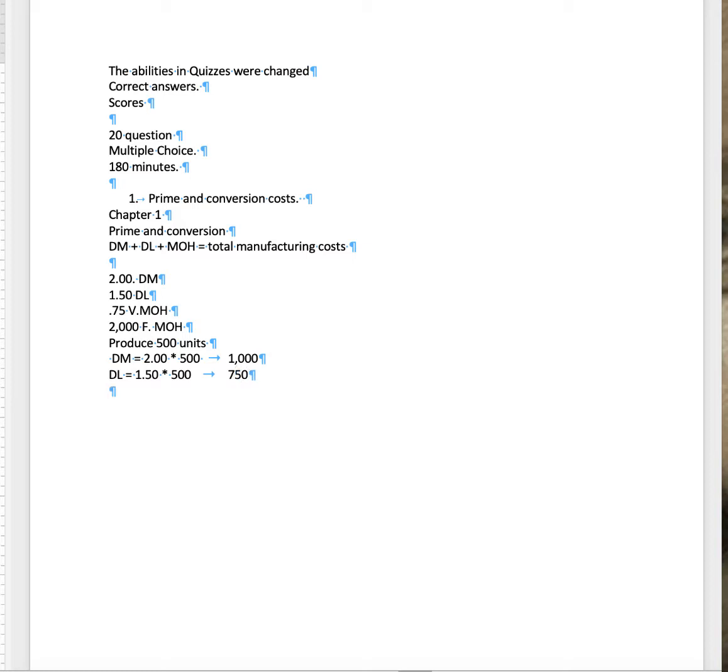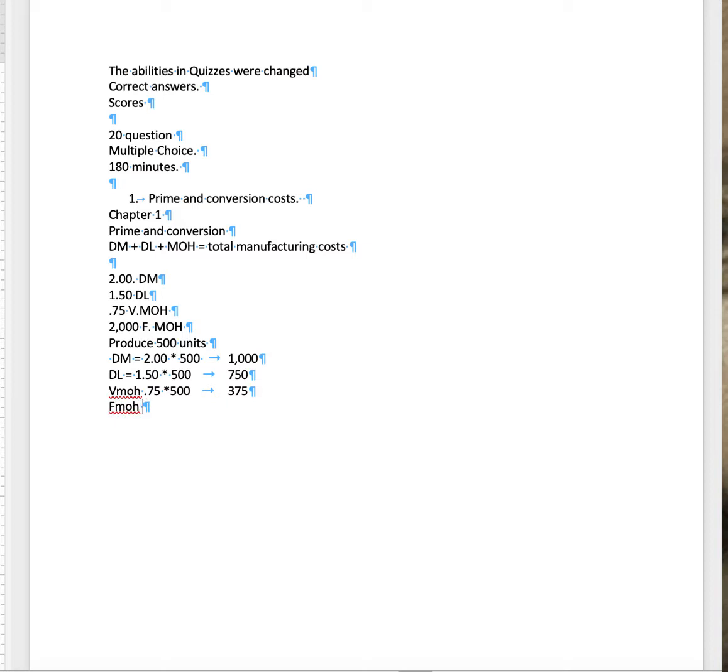The manufacturing overhead, remember, is broken into two things. We have the variable MOH, which equals the 75 cents times the 500 units, and if we run that through the calculator, we get $375. Then we need to add the fixed MOH.